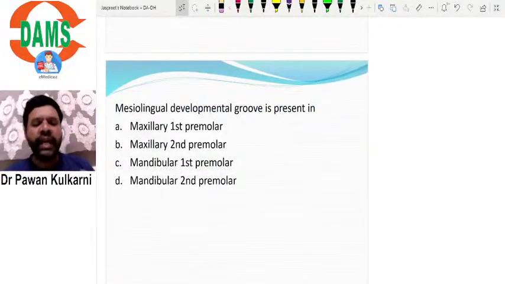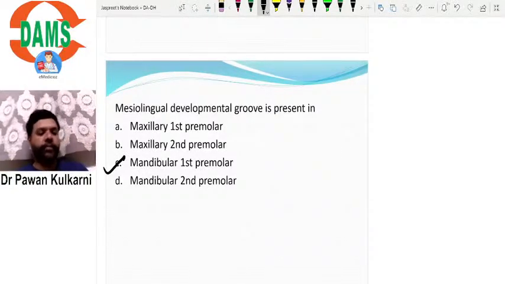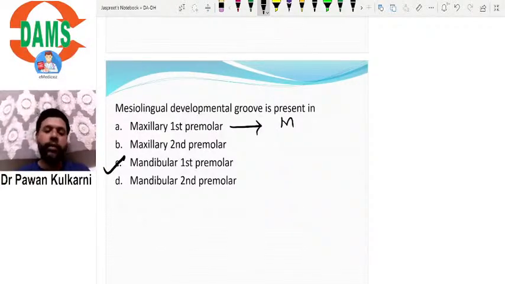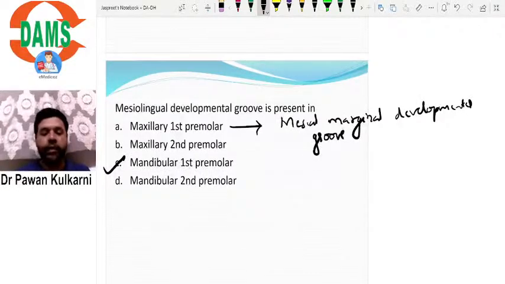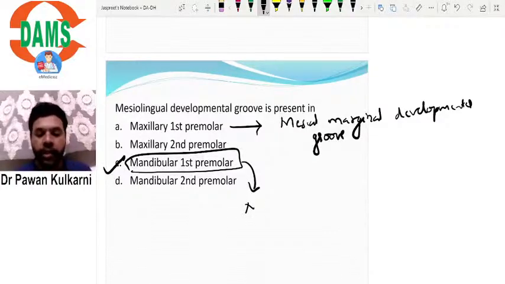The mesiolingual developmental groove is specific for the mandibular first premolar. We know that the maxillary first premolar has the mesial marginal developmental groove. This is the uniqueness of the maxillary first premolar, whereas the mandibular first premolar has the mesiolingual developmental groove.